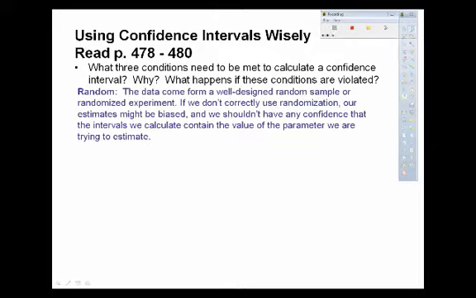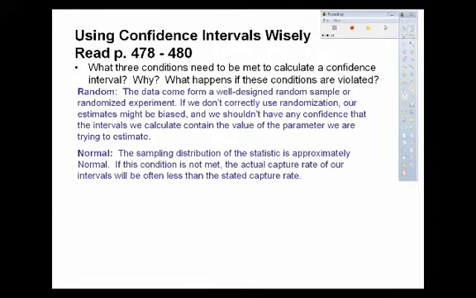The data come from a well-designed random sample or randomized experiment. If you don't correctly use randomization, our estimates might be biased, and we shouldn't have any confidence that the intervals we calculate contain the value of the parameter we are trying to estimate.